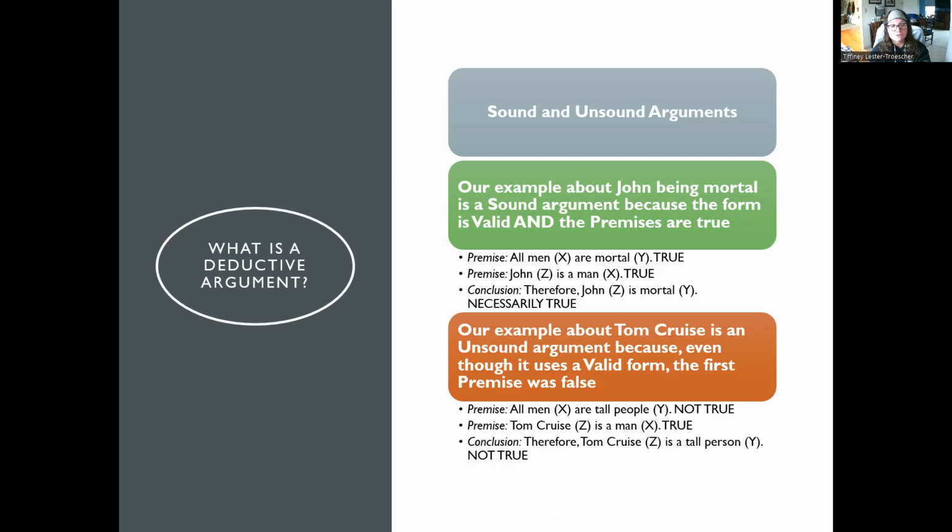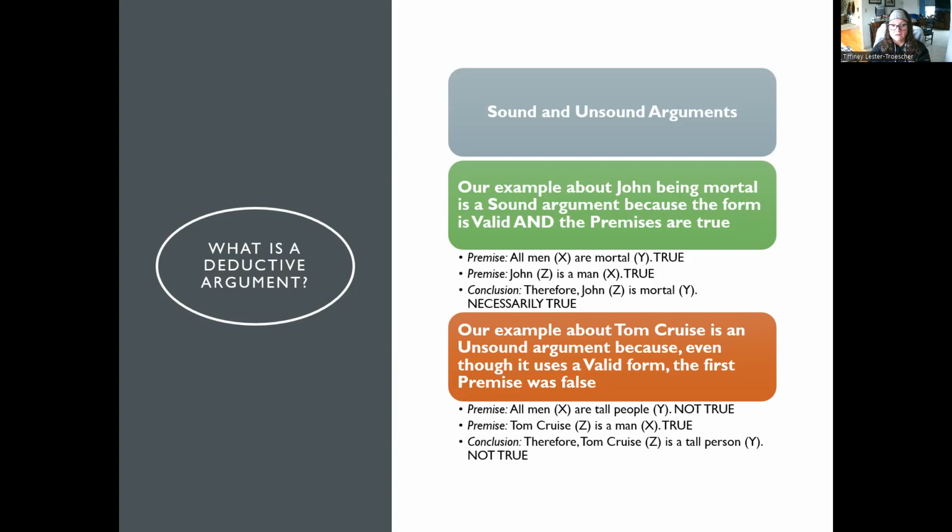Our example about Tom Cruise, though, is an unsound argument. Remember, that's the one where the pattern was correct, but the conclusion was wrong. And the reason the conclusion was wrong is because one of the premises was not true. So we have the correct form. All men are tall people.